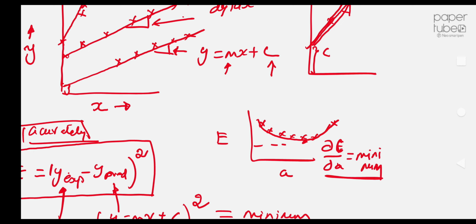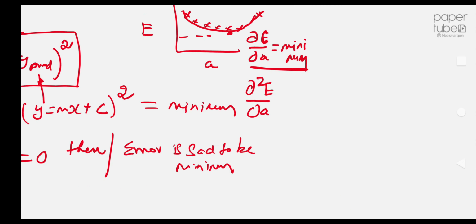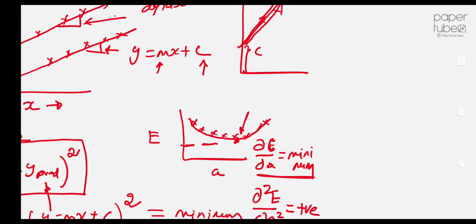To prove that this point is a minimum and not a maximum, we can take the second partial derivative of e with respect to a, and if this value is positive, then this stationary point corresponds to the minimum, or in other words the error will be minimum at that particular point.